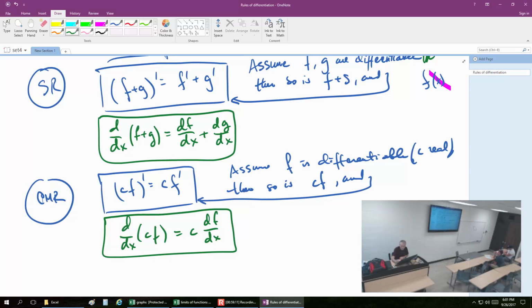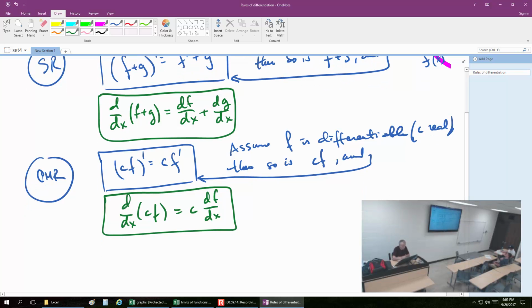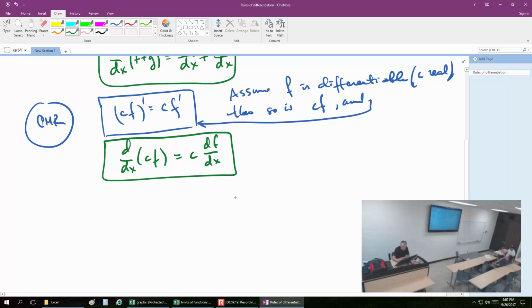But there are more complex situations, with other operations, and that is the product. The explanation is like this. We looked at that a little bit, as if you have a growing rectangle.